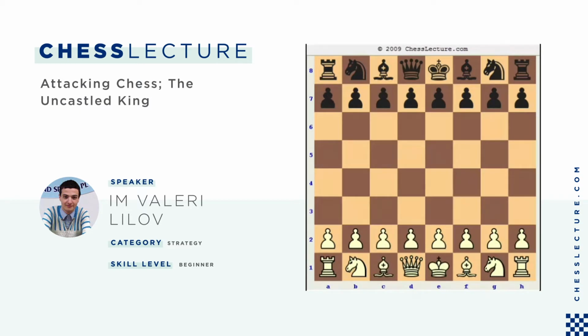A king stranded in the middle of the board is a very easy target to attack, normally because it has little or no pawns to cover it. The game that I want to show you now is a very instructive case to see how one side has left its king in the middle, and eventually it becomes very vulnerable.